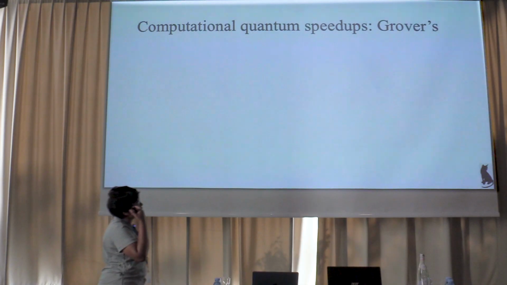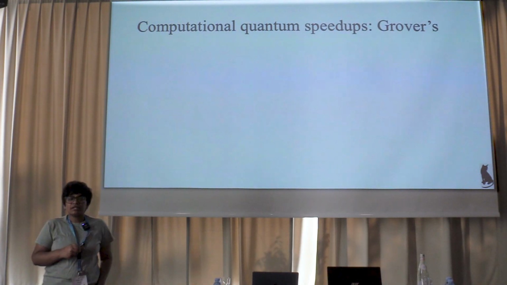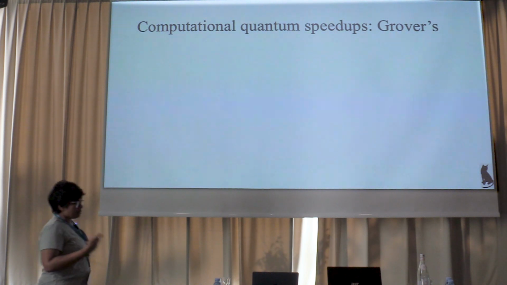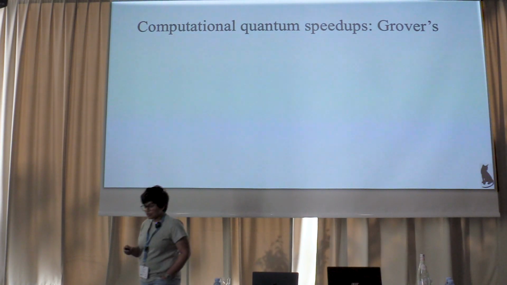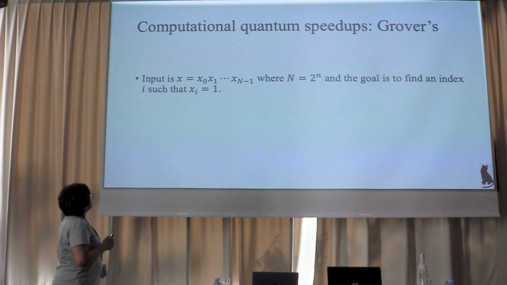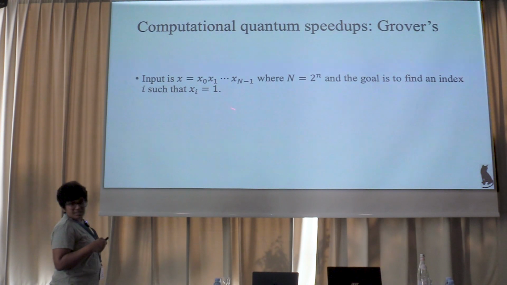Bart even mentioned that in his lecture today. What Grover's algorithm does is it quadratically speeds up the search procedure. Suppose I have this input x0 up to xn minus 1, and I want to find whether an index xi is equal to 1 or not.